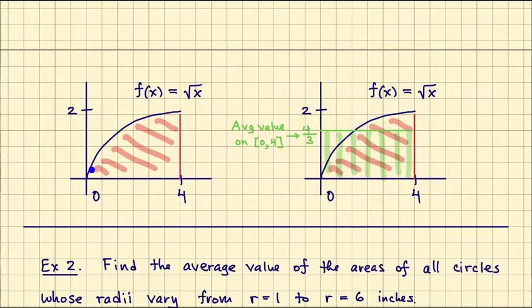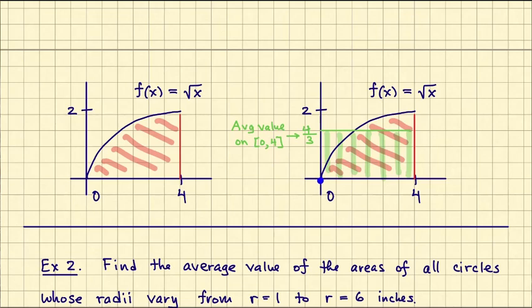It means that if you take a look at the graph of y equals the square root of x on the interval from 0 to 4, and you look at the area under that curve, what we want to do is take all this area under the curve, divide it by 4, and see what number we get. When we do that, we get the number 4/3. That's what the calculation did.